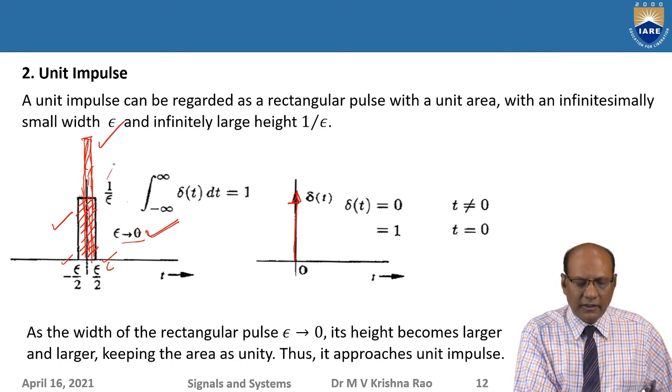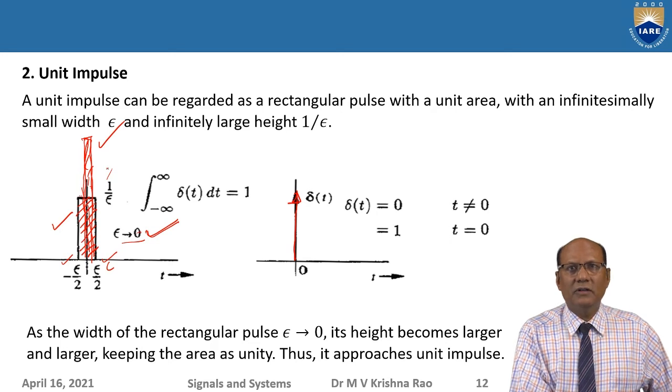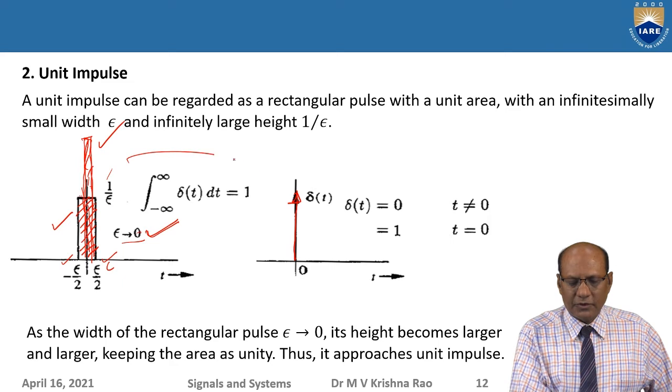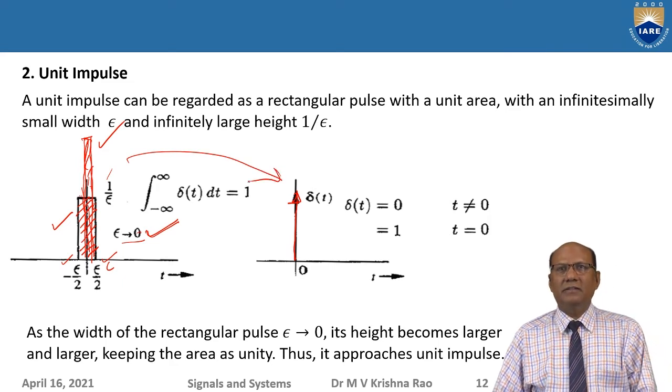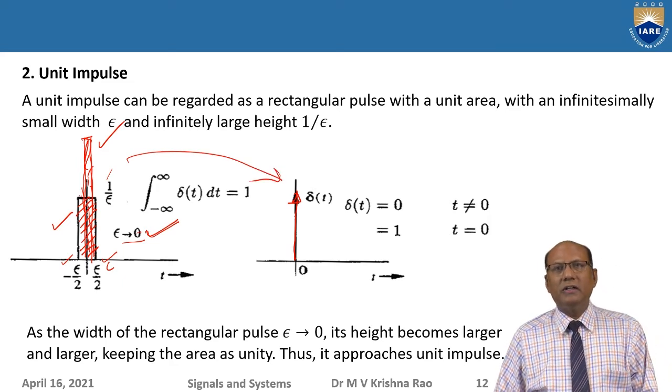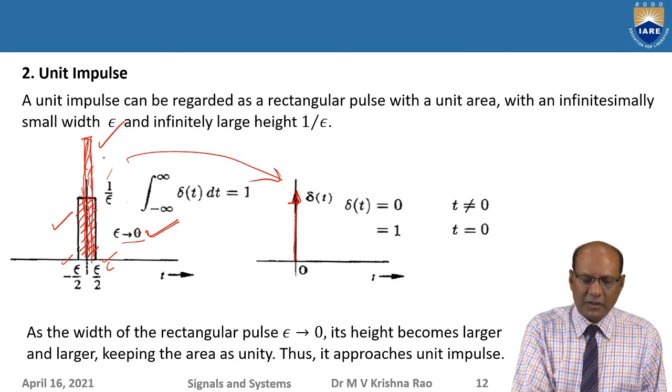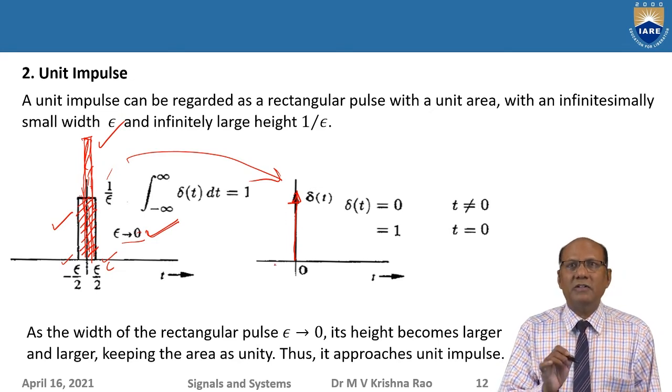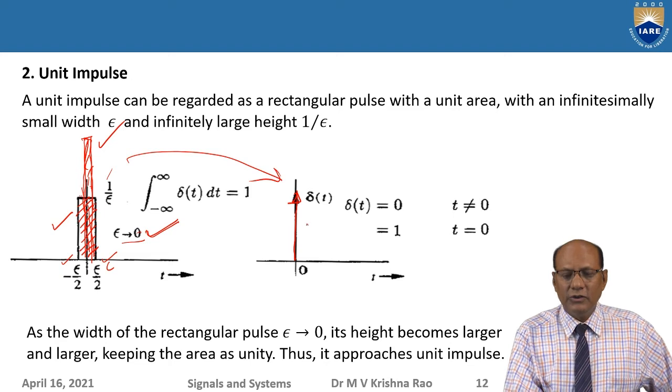So this kind of very large pulse of very small width can be represented by a delta function like this. I call this the unit delta function because the area under this pulse is unity and it takes the shape of a straight line.